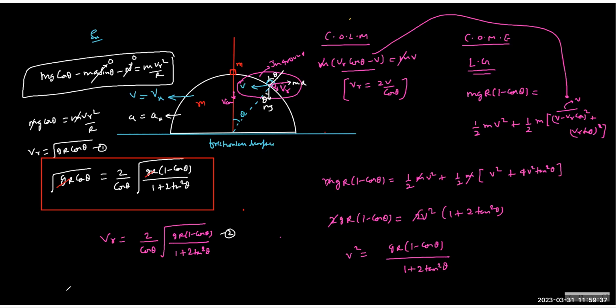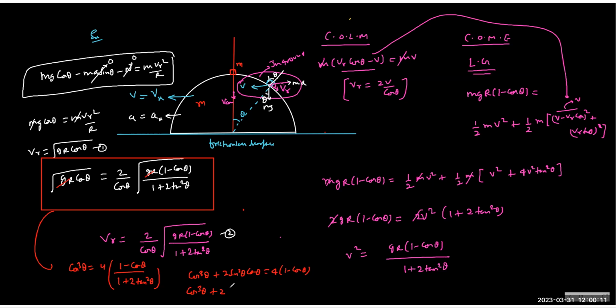So if you square both sides, it will come cos cube theta equals 4 (1 minus cos theta) upon 2 times. Let me do this. So cos cube theta plus 2 sin square theta by cos square, so 2 sin square theta cos theta equals 4. So this is a cubic equation, right?